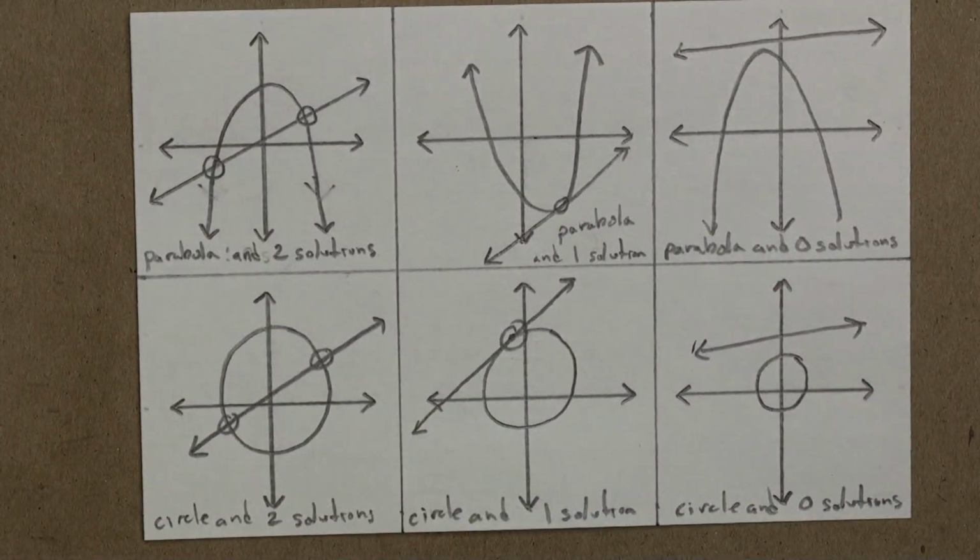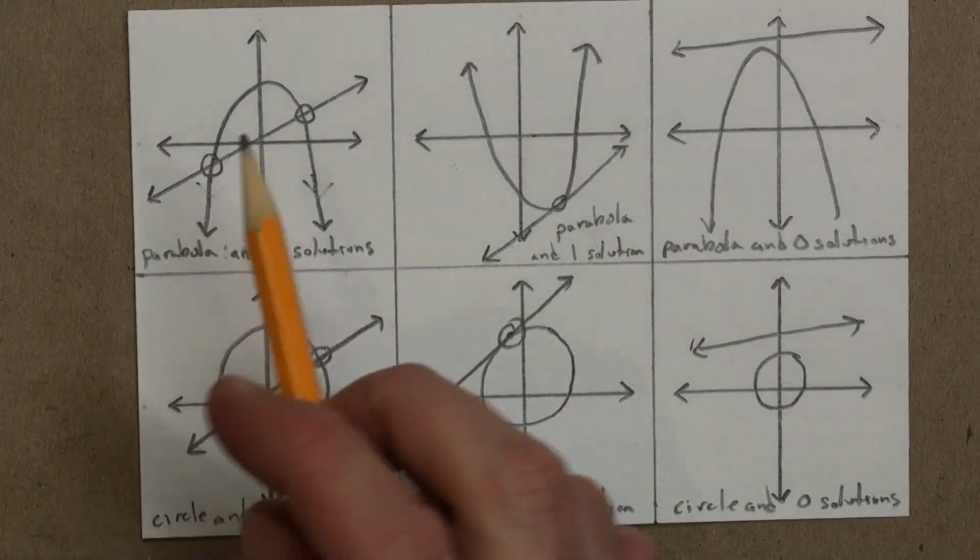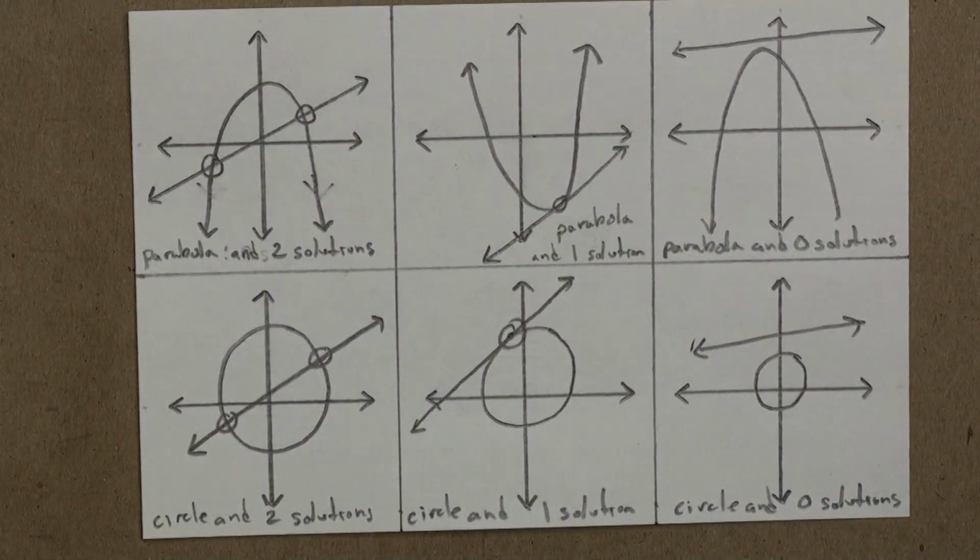All right, those are the 6 options, and the parabola can either be down or up for any of those options.